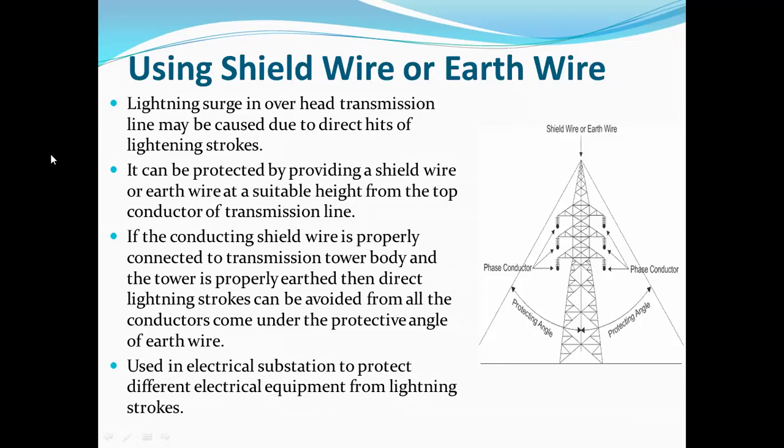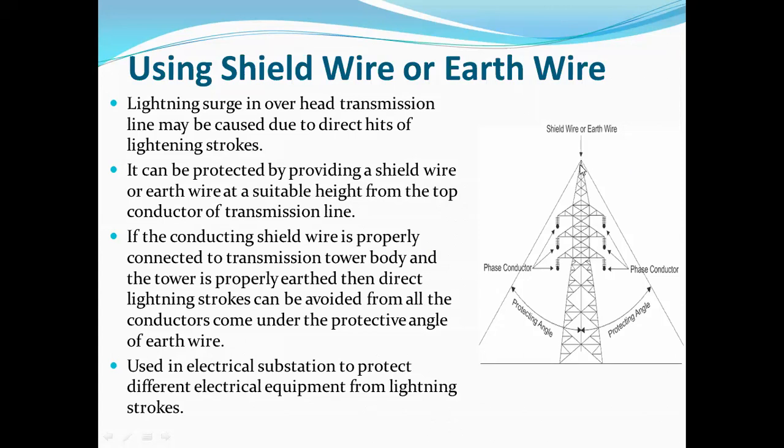So if it is provided by using a shield wire or earth wire at a suitable height from the top conductor of the transmission line, what we are doing is using this shield wire or earth wire for protecting that transmission line and that whole tower. This is also called the neutral wire.